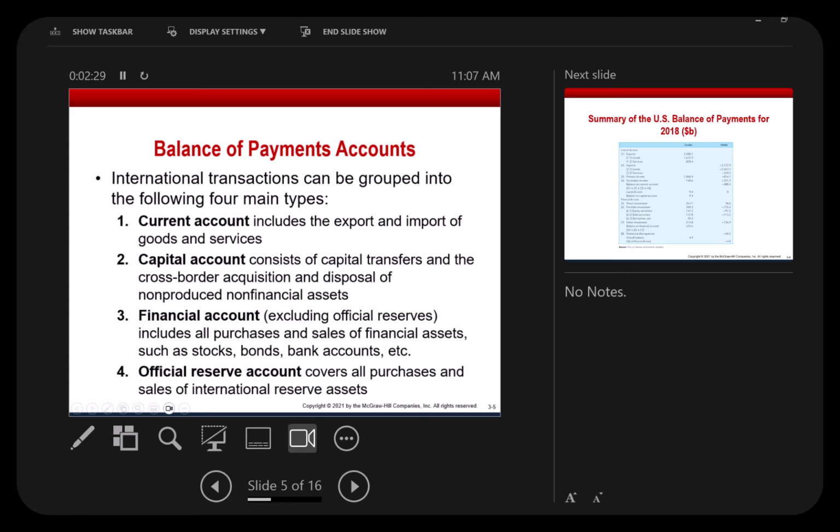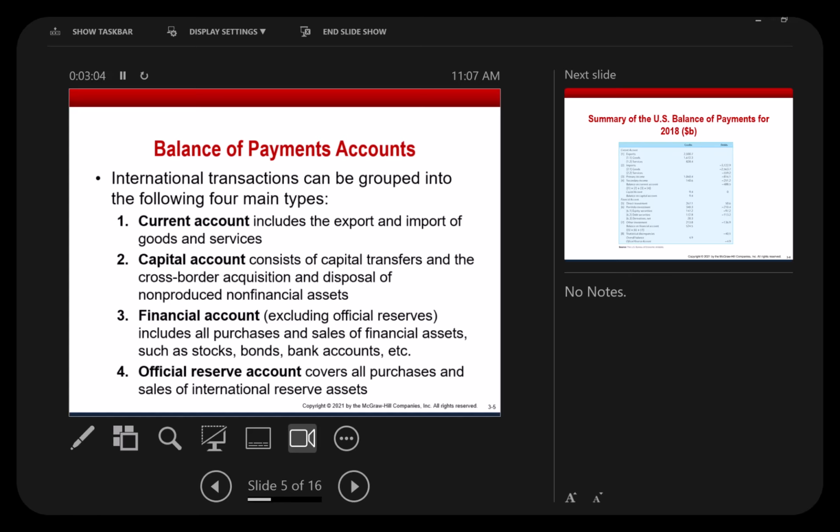We're going to look at current accounts first and foremost to figure out what sort of pressures there may be in a country's exchange rate. We will also look at the capital account. Capital account basically tells you, to some extent, how the current account deficits, if any, are financed.